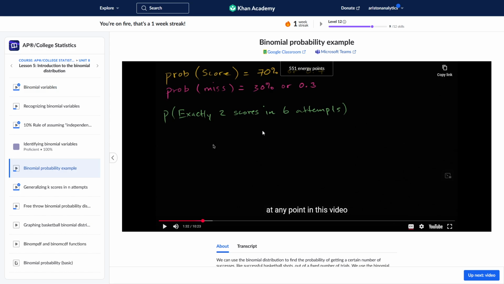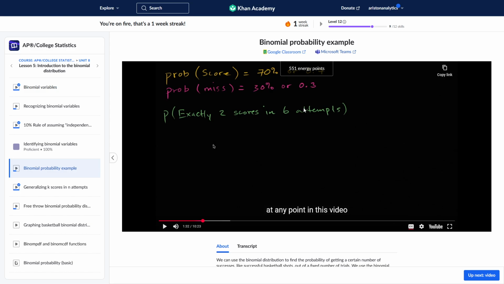I remember how to solve this, so this is a combinatorics problem. We find the probability of getting 2 scores in 6 attempts, and because trials are independent, the way of getting 2 scores initially or 2 scores in the last 6, or any combination of 2 scores within 6, would be equivalent.